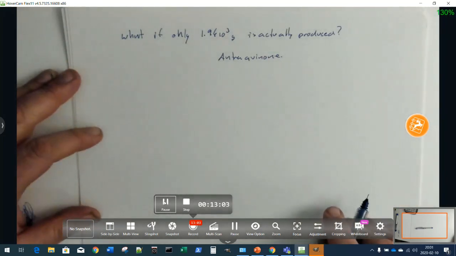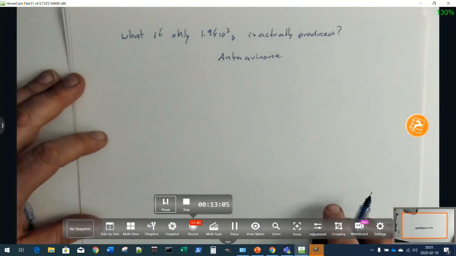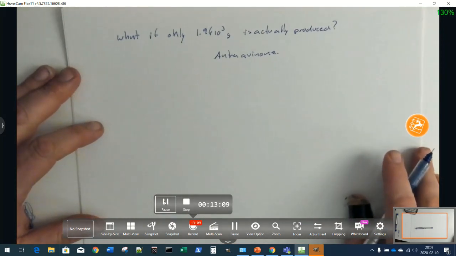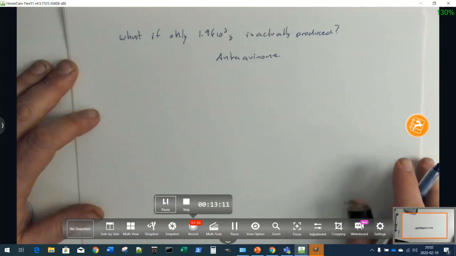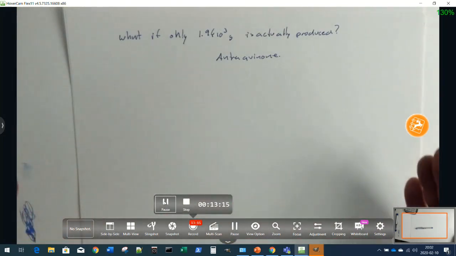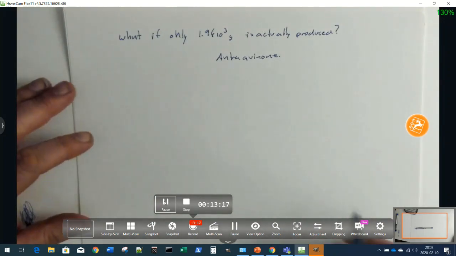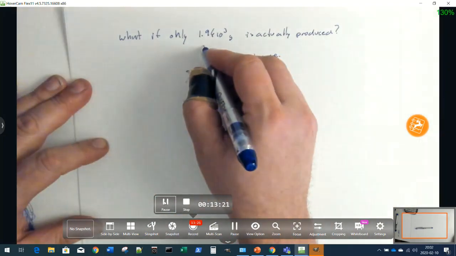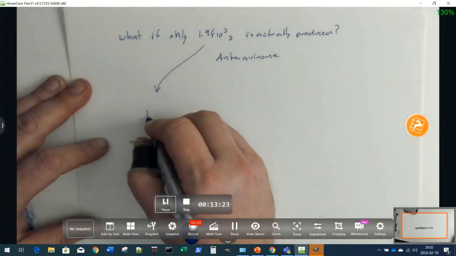Okay, so we didn't make enough. It's quite typical for organic reactions that they don't go to completion, or you don't get 100% yield. So you compare the theoretical yield with what you actually got, and then you get your percent yield.